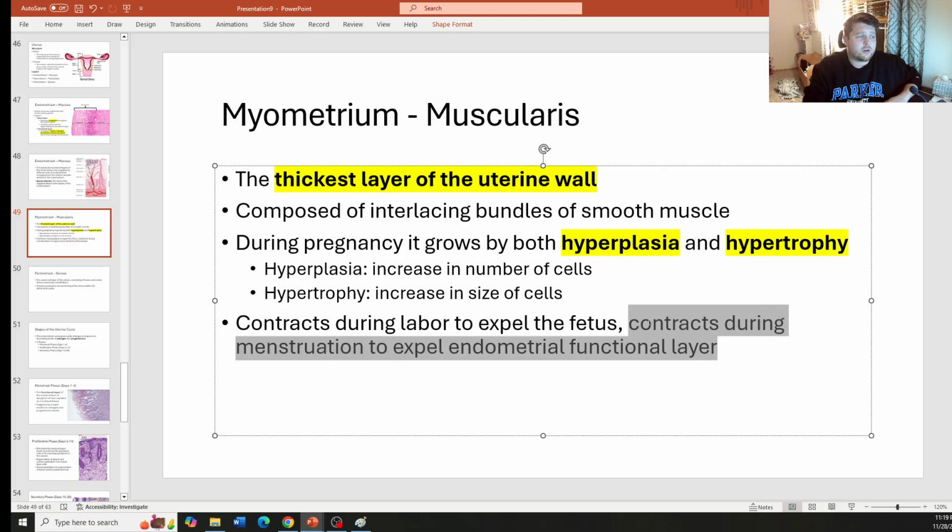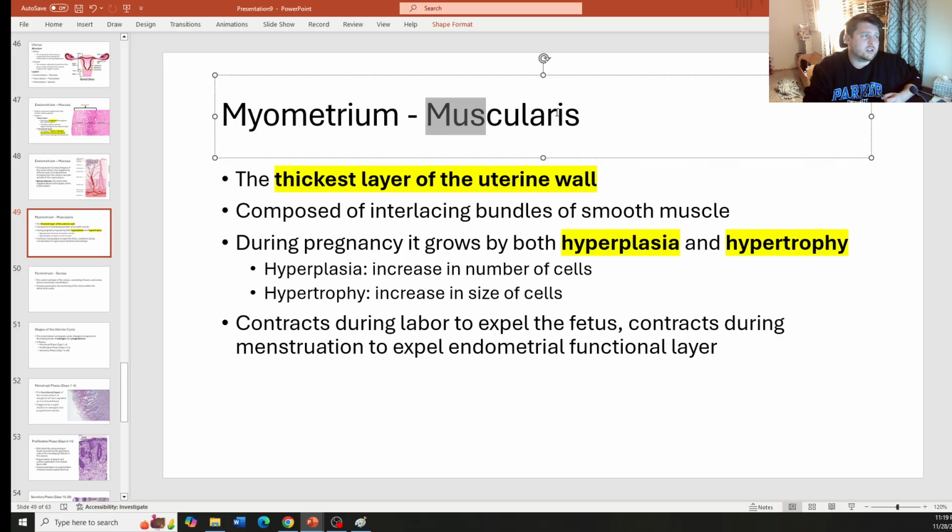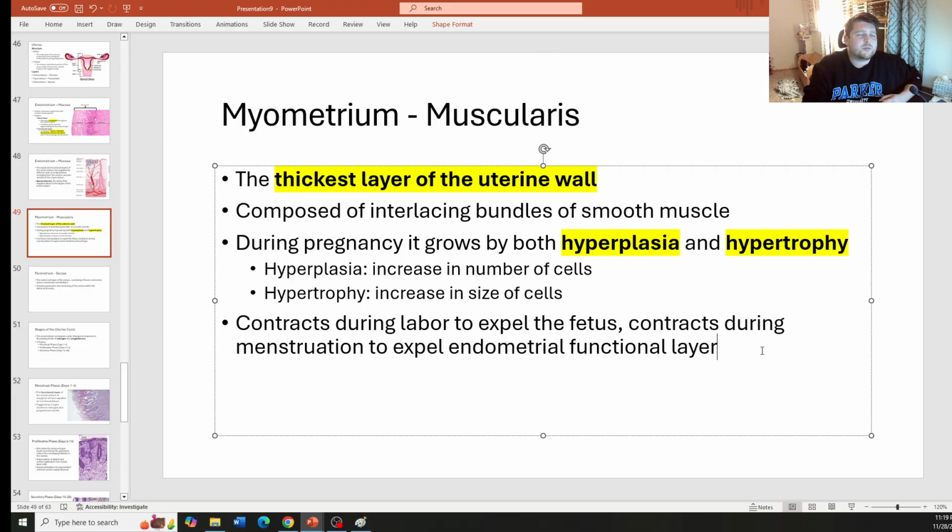Obviously, some women cramp much worse than others. A lot of times this is due to that contraction of this muscularis layer, and you can almost compare it to the worst Charlie horse you've ever had in your life, or one of those really bad calf cramps, but inside of the gut.